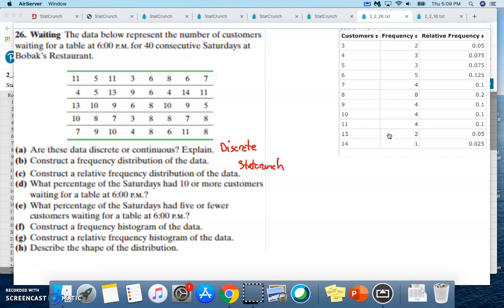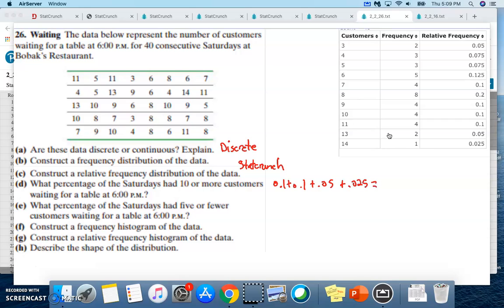Okay, D, what percentage of the Saturdays had 10 or more customers waiting for a table at 6 p.m.? So 10 or more. 10 occurred 0.1, 11, 0.1, then 0.05, and then 0.025. So we're going to add all of those up: 0.1 plus 0.1 plus 0.05, then plus 0.025.